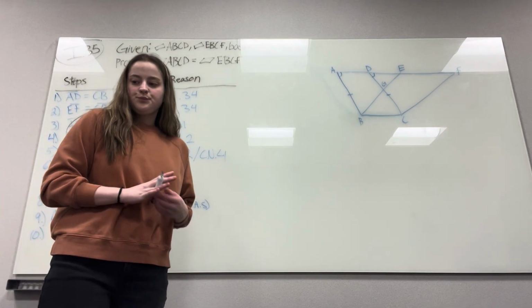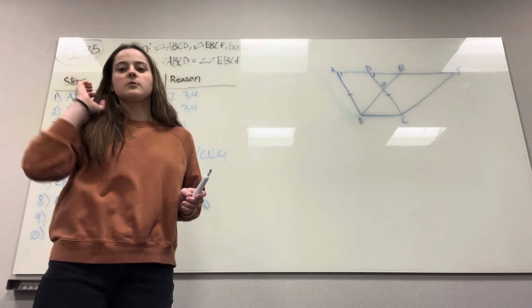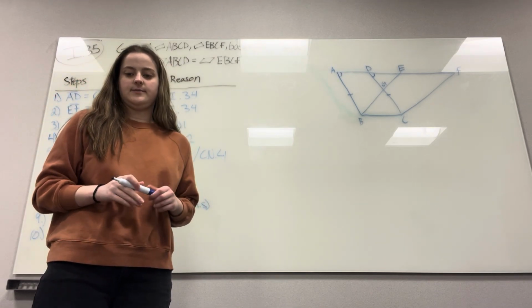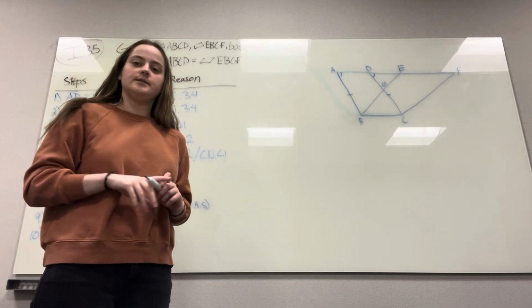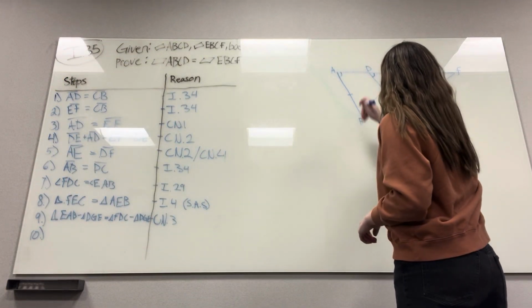Okay, so now, before we move any further, I'm going to kind of pull out some shapes so that we can see it better. So I'm going to pull out ABE and DCF.